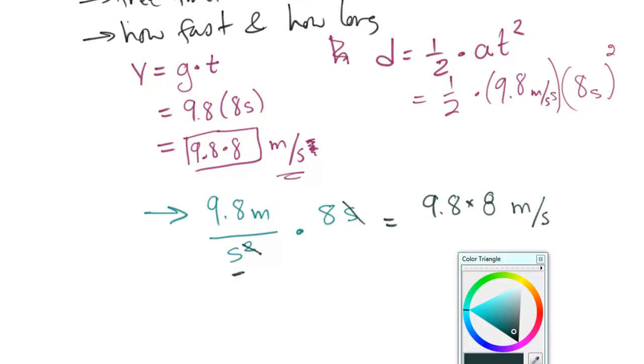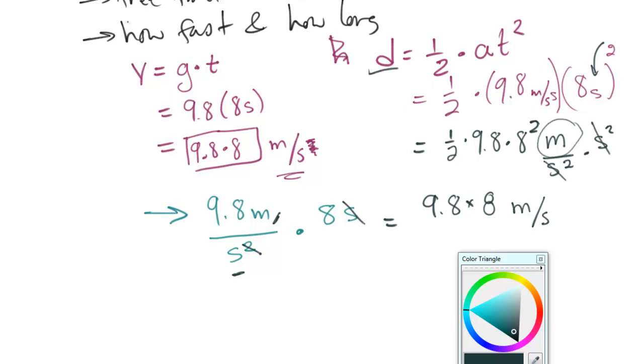Here, we're going to have 1/2 times 9.8 times 8 meters per second squared times second squared, right? Because they're squared here. So I have second squared, I'm left with meters, which is the distance, so that means that I'm correct. I'm going to stop it right there.